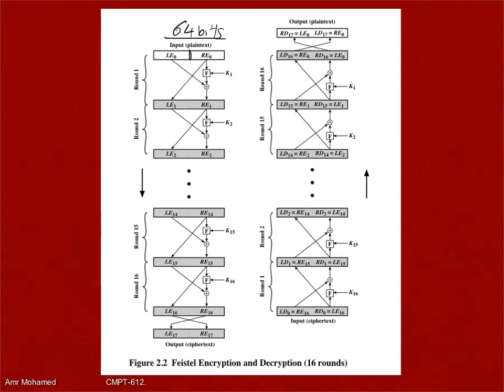This function could use some substitution, transposition, based on a value of K1. And then the result will be XORed with the left element to form the right element 1. And then we will do that 16 rounds. So that's what they recommended.